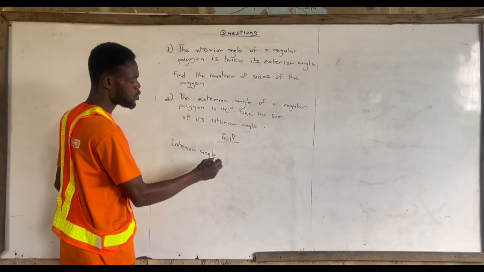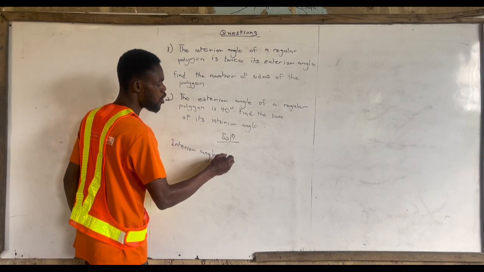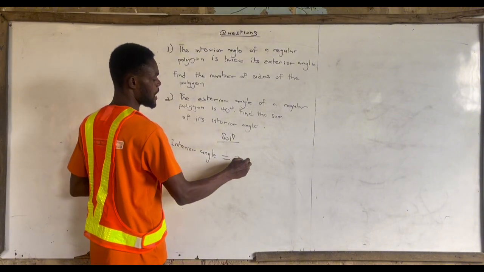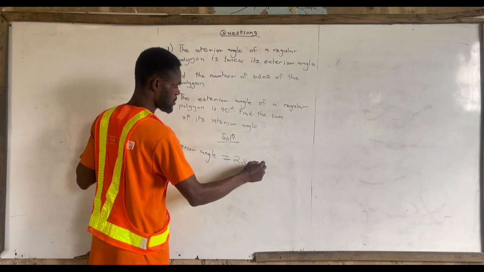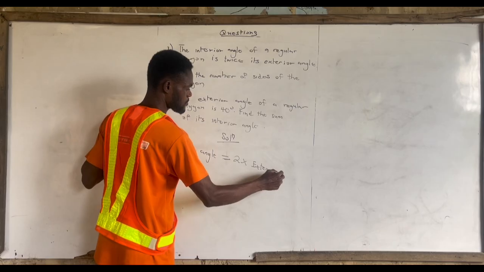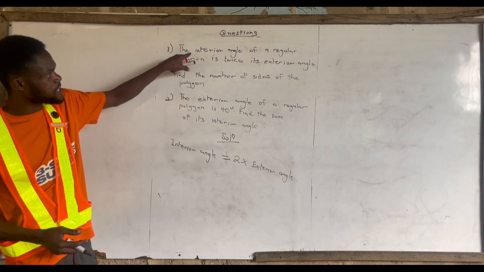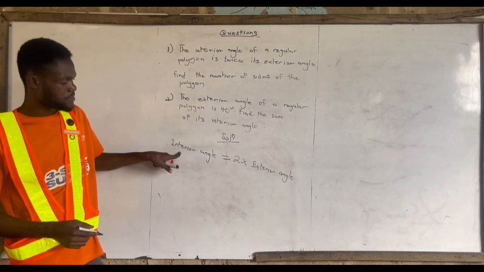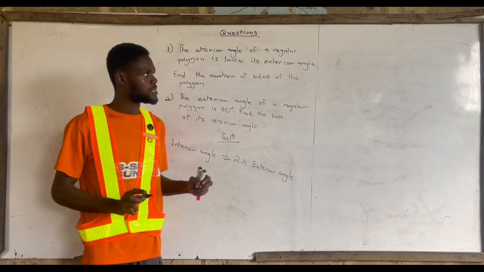Twice means 2 times its exterior angle. Mathematically, the interior angle is equal to 2 times its exterior angle.